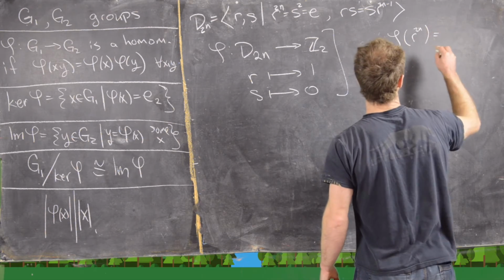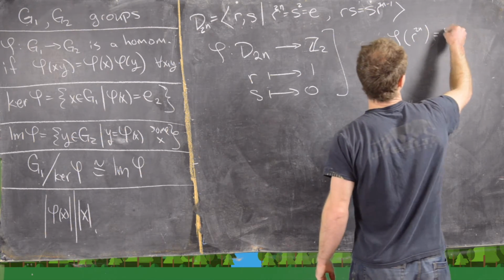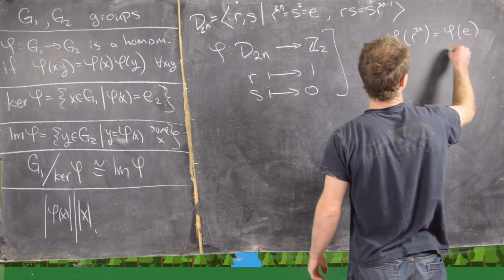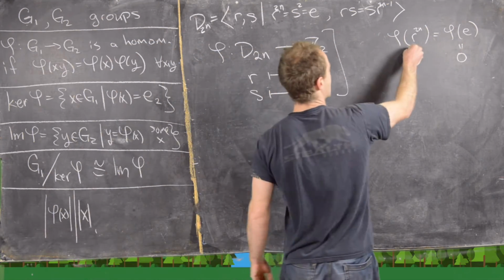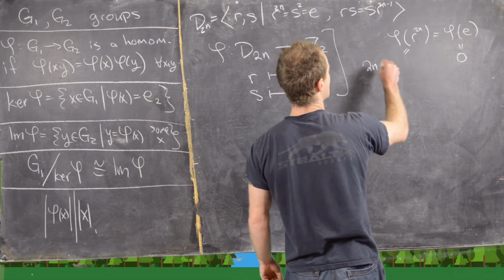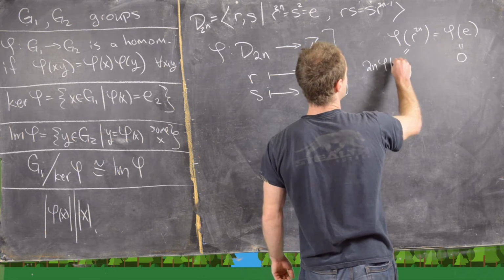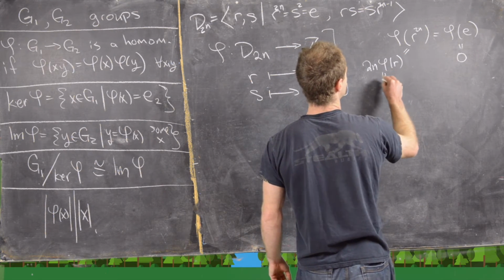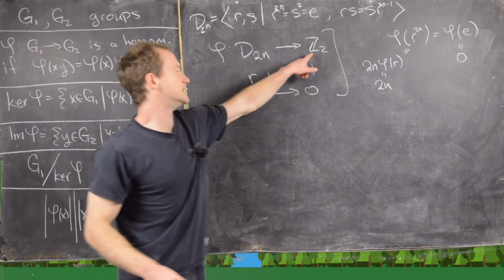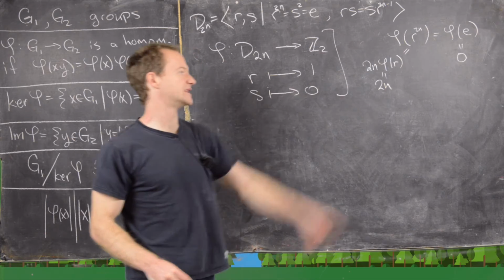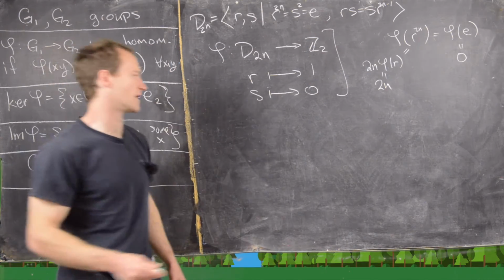So on the one hand, that should be equal to phi of the identity, which is equal to 0. But then on the other hand, that should be equal to 2n times phi of r, which is equal to 2n. But now notice in Z2, 2n is equal to 0, so we're okay there.